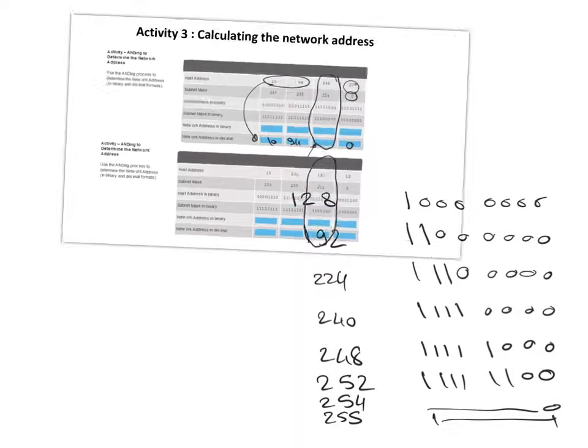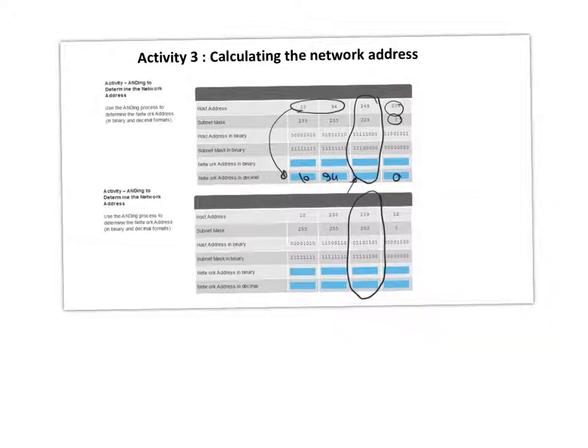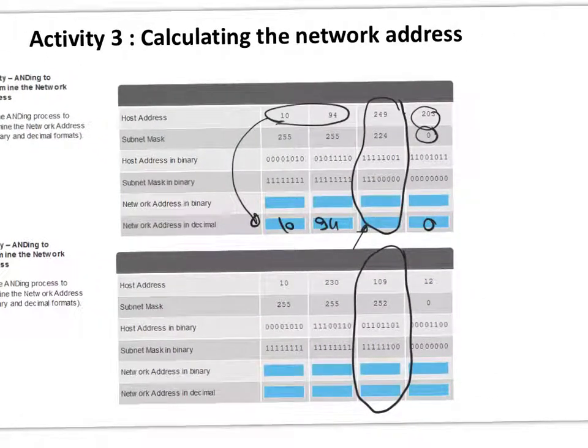So when you go back here, so we know that for this byte, we are applying 249, and 249 is actually 248 plus 1.